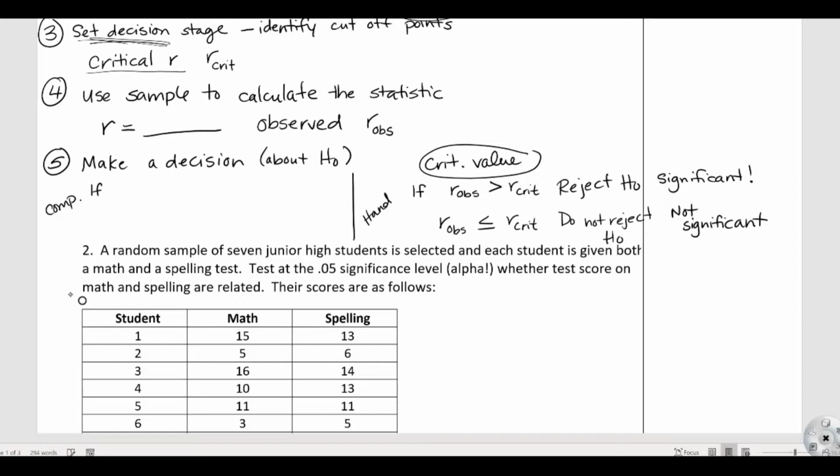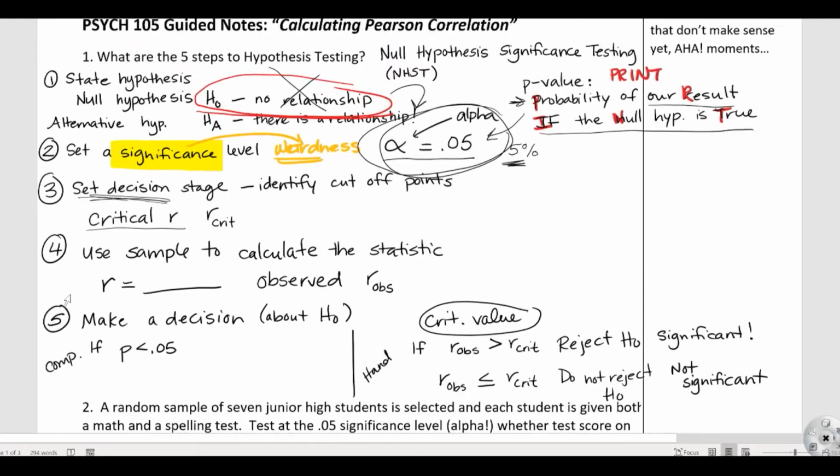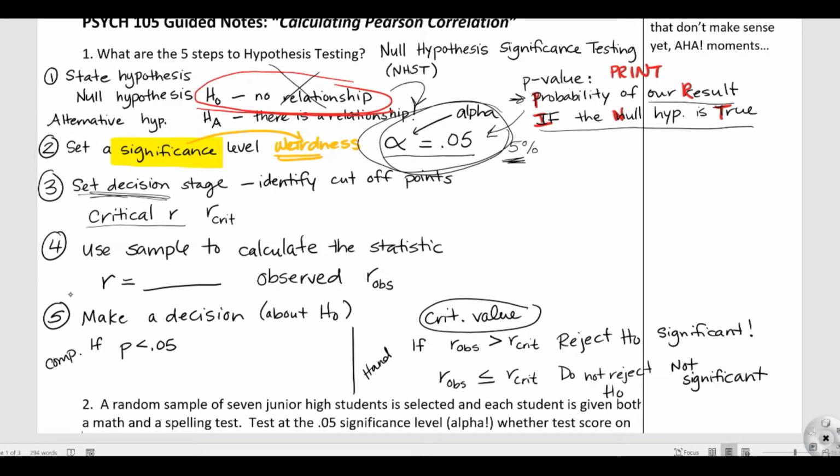So on the computer, if our p-value is less than 0.05, then that means there's less than a 5% chance of getting our result if the null hypothesis is true. So if there's less than a 5% chance, which is what we set our alpha at, then in this case, we reject the null, aka it's a significant result.